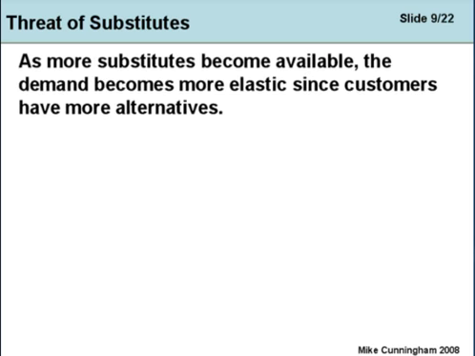So as substitutes become more available, the demand becomes more elastic, since customers have more alternatives. Now, the term more elastic here applies to elasticity of demand, and there is a separate session on elasticity of demand that you should consult if you're confused about that particular point.